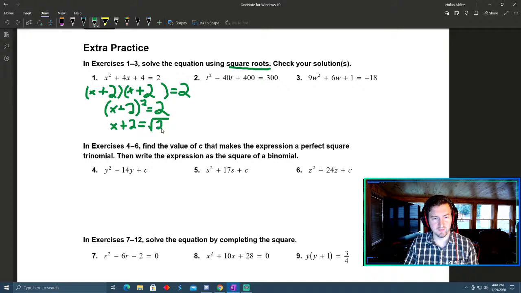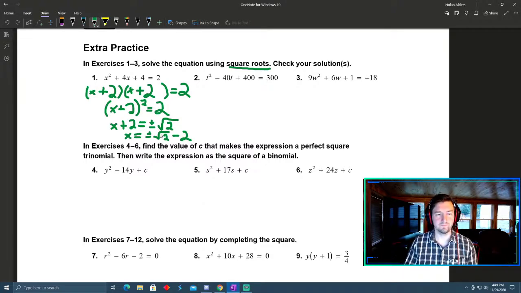And it doesn't come out to be a nice number, so we'll just leave it like that. And we should say it's a plus or minus square root of 2. So let's do that real quick. Plus or minus square root of 2. And then we can subtract 2. So we'll have x equals plus or minus square root of 2 minus 2.